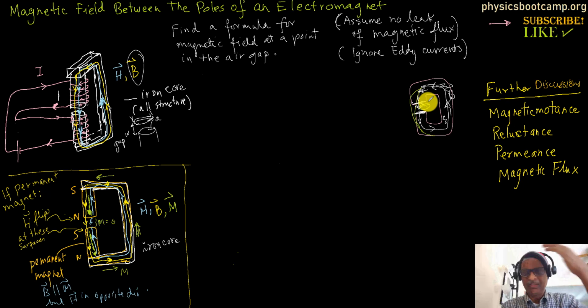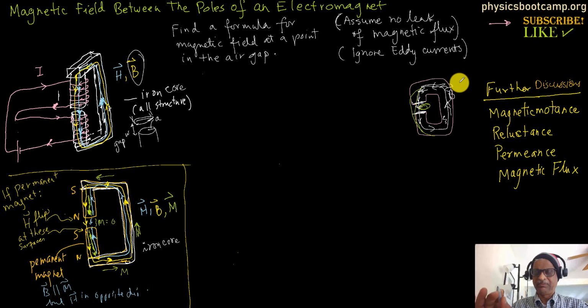So you can just ignore the eddy currents. We can just assume the current is steady. It may be changing a little bit, but not sufficiently, so the amount of eddy currents is very little, and you can ignore that. So with that caveat, the formula is very easy to obtain.